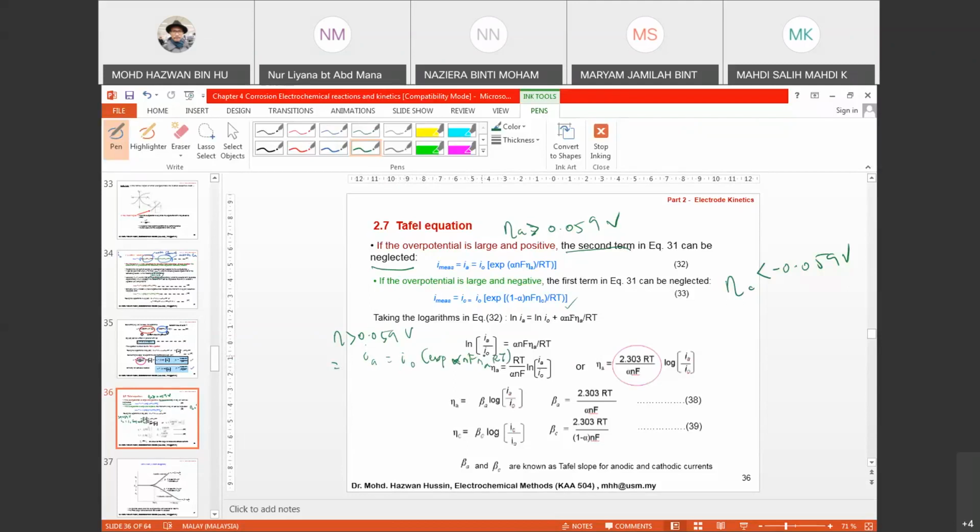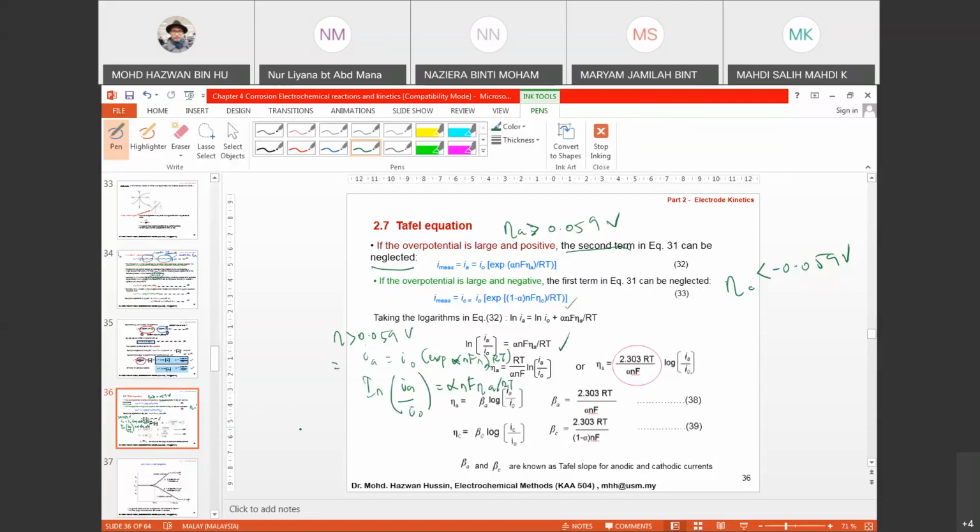Okay, all right, so if you make it into log, you ln it. So what happened is it becomes ln, and x1 will be gone. Okay, so the same thing as this one.